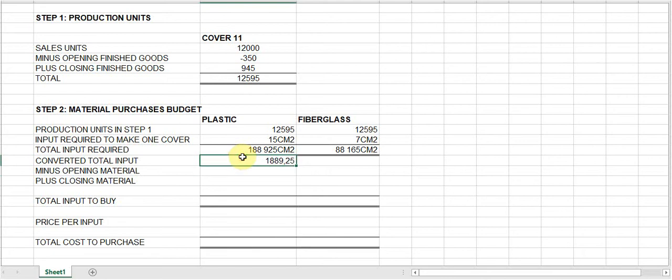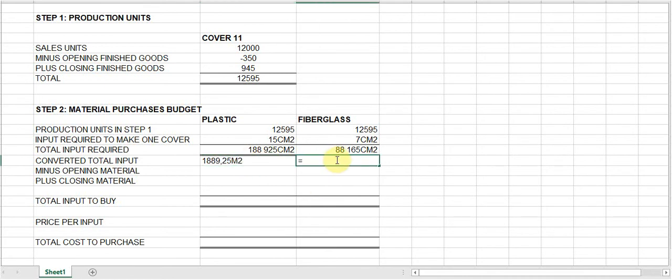And I always use 2 decimals. A question might arise: how many decimals do we have to use? We need to use 2 decimals. So this will be 1,889.25 square meters.